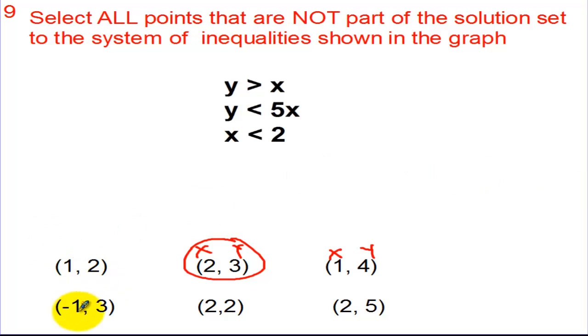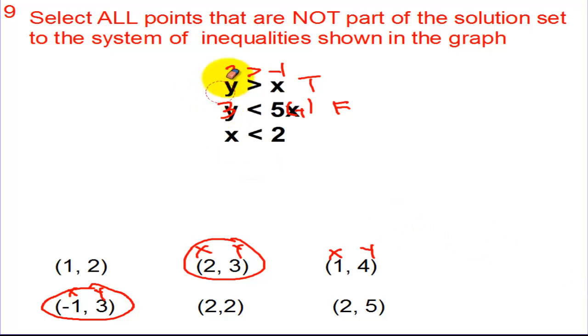Alright, (-1, 3), this is x and this is y. So is 3 greater than negative 1? Okay, that's correct. Is 3 less than 5 times negative 1? No, because this one is negative, so 3 should be greater than negative 5. So this one is false. Since we have a false statement, we are going to say that this is not a solution. So we have to choose this as part of our answer.